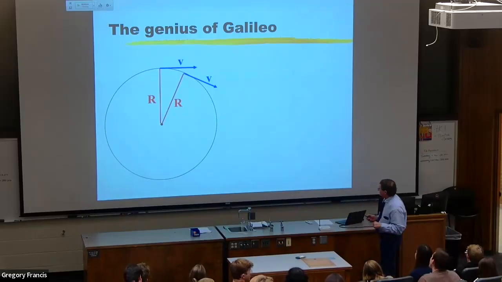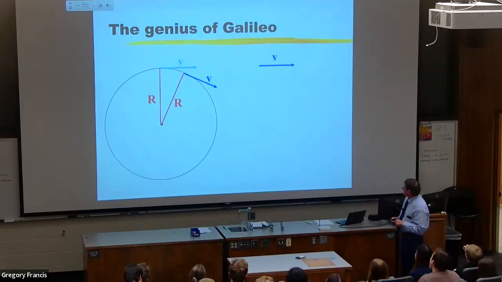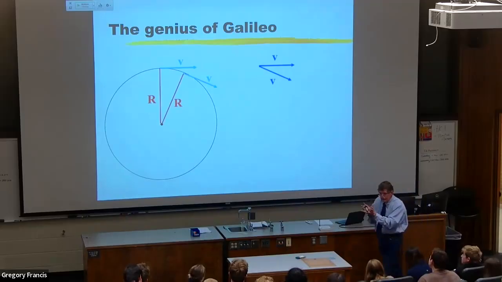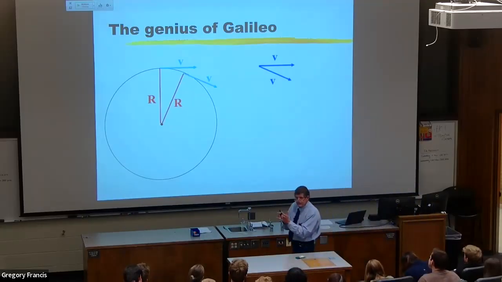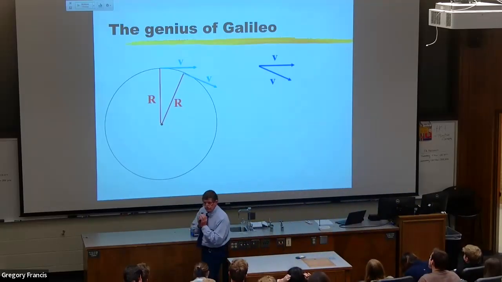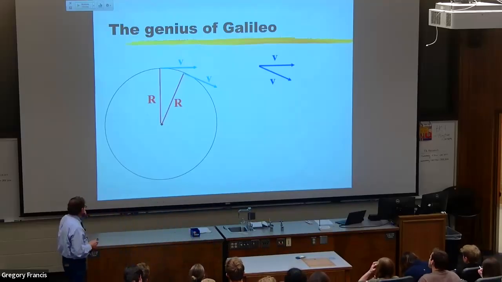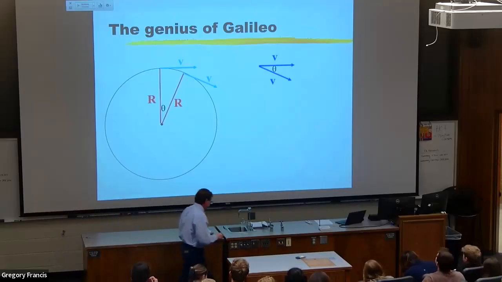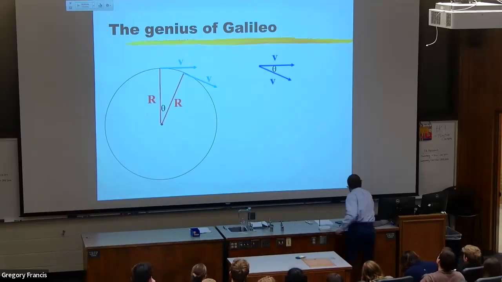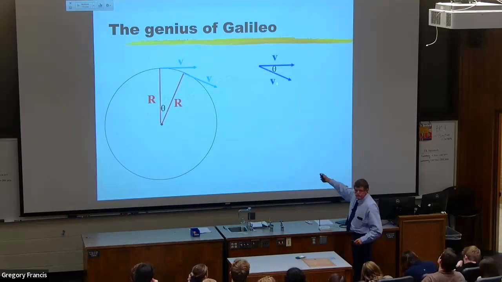And so he took those vectors, the one at noon and the one a little bit after noon, and put them tail to tail. That's how we find a difference between vectors. And then he argued that this angle here had to be equal to that angle there.